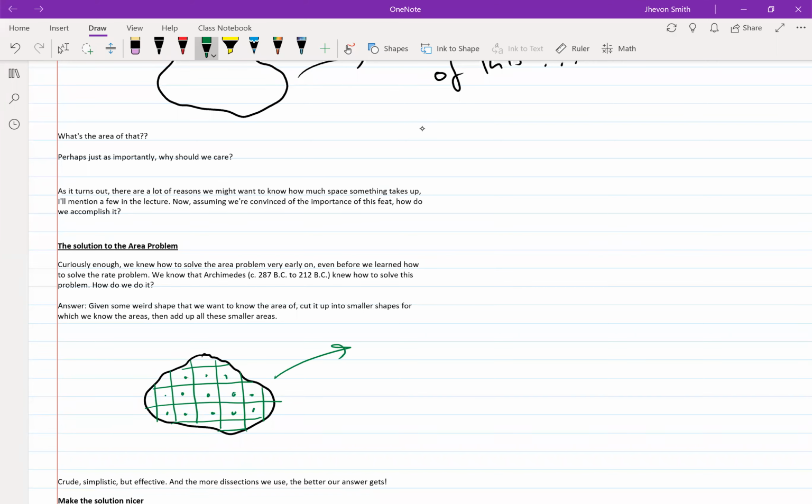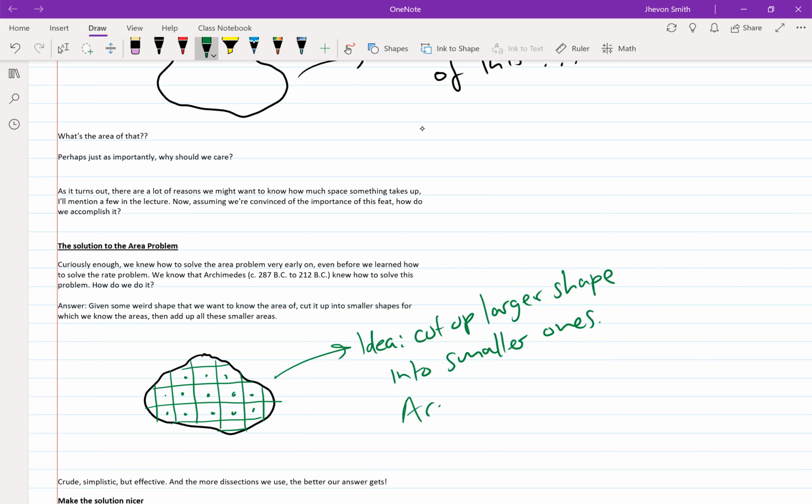So the idea is to cut up a larger shape into smaller ones. And the area of the large shape, what we can do is define it to be the sum of the areas of the smaller shapes.